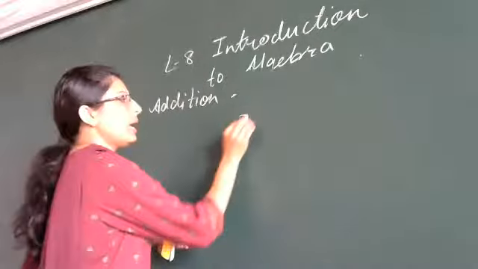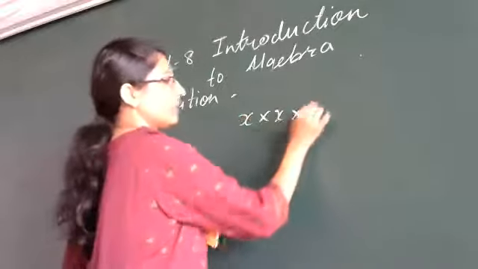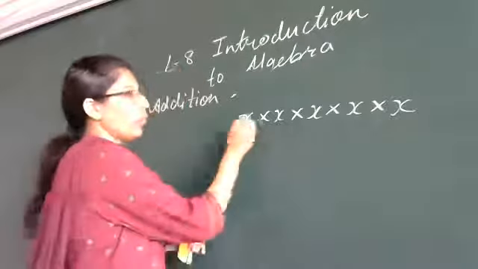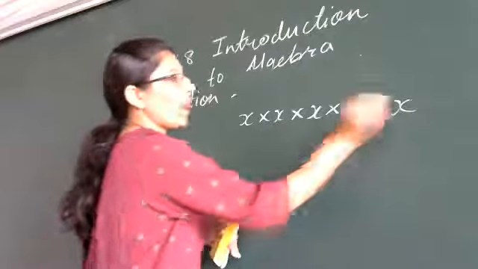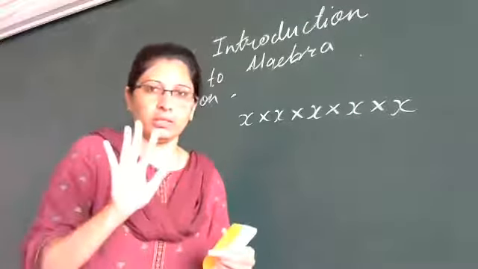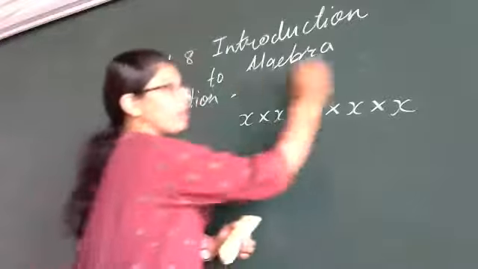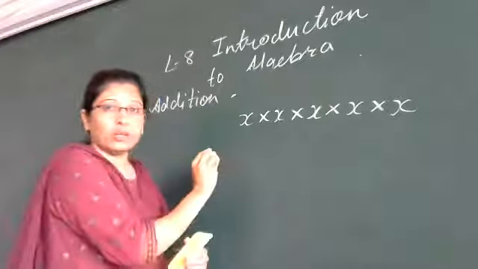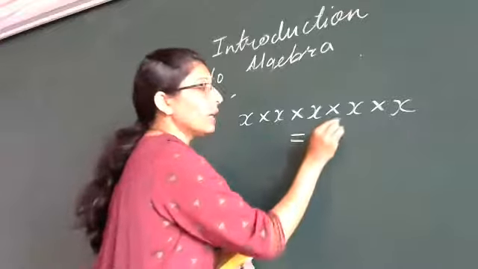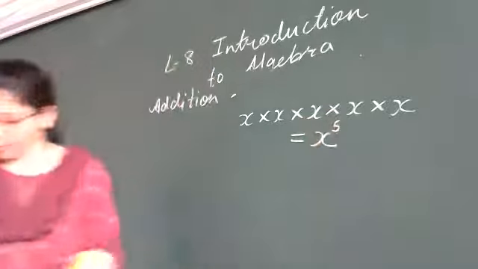For example x into x, I am multiplying many times. 1, 2, 3, 4, 5. How many times I am multiplying? 5 times. Yes. So instead of writing this long method, we can write directly x raised to 5.